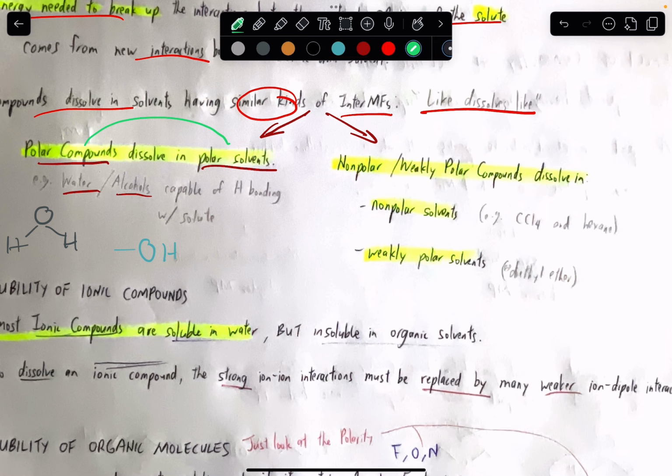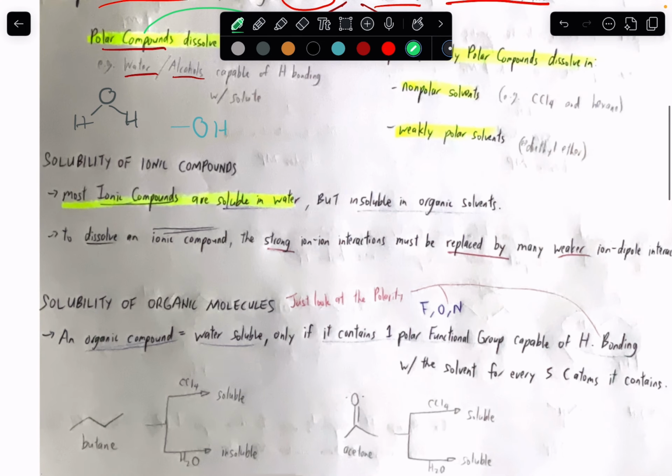Halos pareho siya sa non-polar but there still is quite a kind of a distinction. So, weakly polar to weakly polar. Ganun lang naman. Examples of non-polar solvents, we have carbon tetrachloride and hexane. Sa weakly naman, diethyl ether. Yun yung example sa presentation.